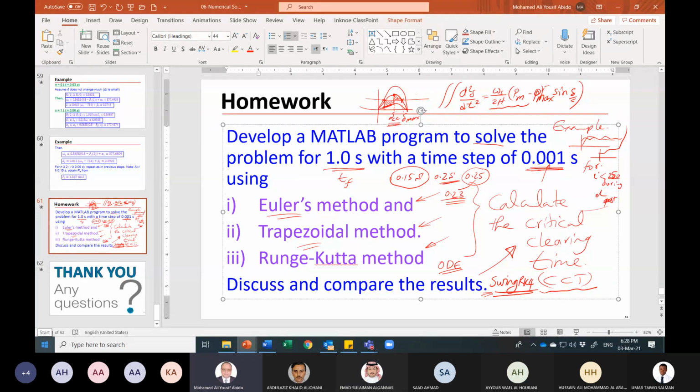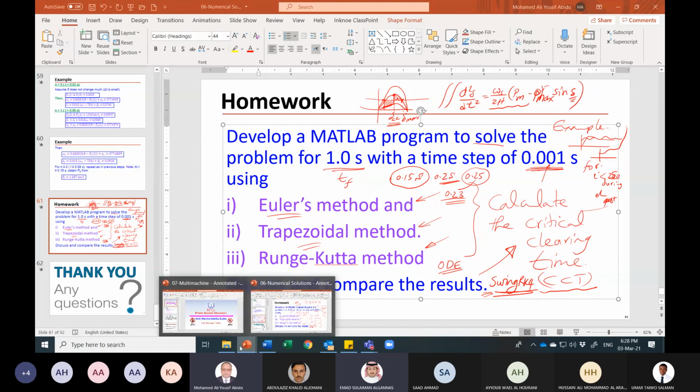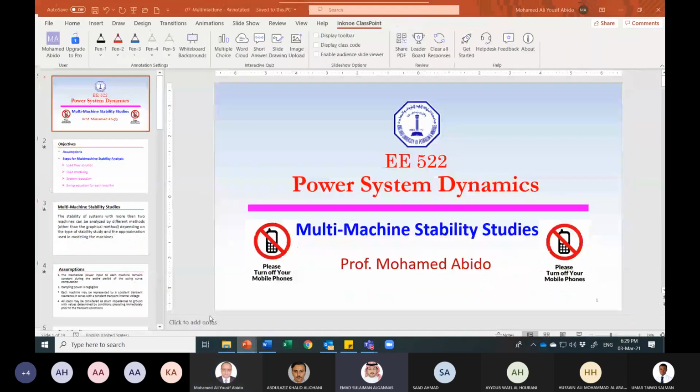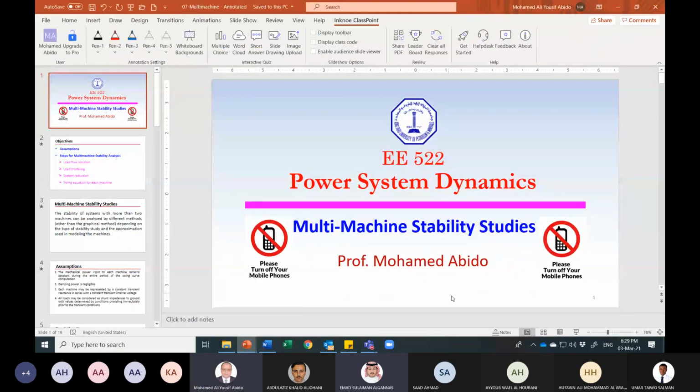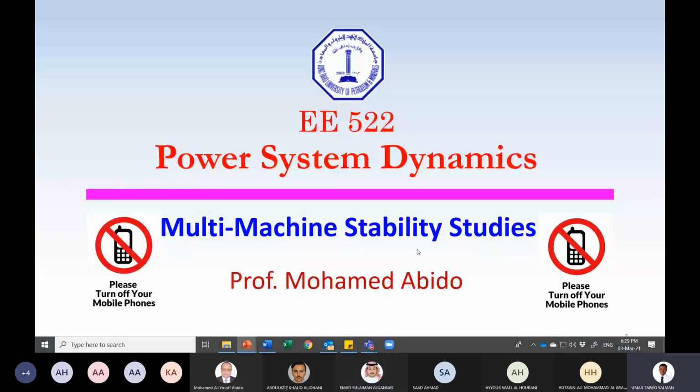Okay, so you already covered the second part. Even we will start with the multi-machine now, and you solved this multi-machine problem, right? Yes, doctor. It was multi-machine. We used the code in the book. Two machines.